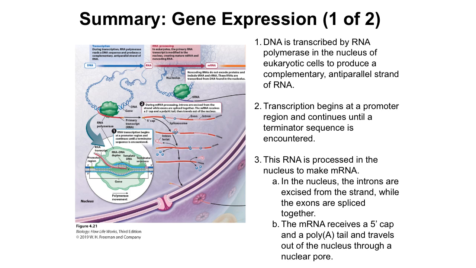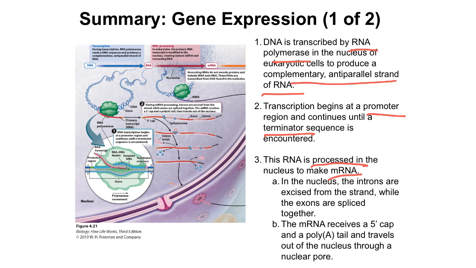So DNA is first transcribed by RNA polymerase in the nucleus of eukaryotic cells to produce a complementary antiparallel strand of RNA. The transcription begins at the promoter region and continues until a terminator sequence is encountered. So all of this is happening here in the nucleus. Now, this RNA is then processed in the nucleus to make mature messenger RNA.